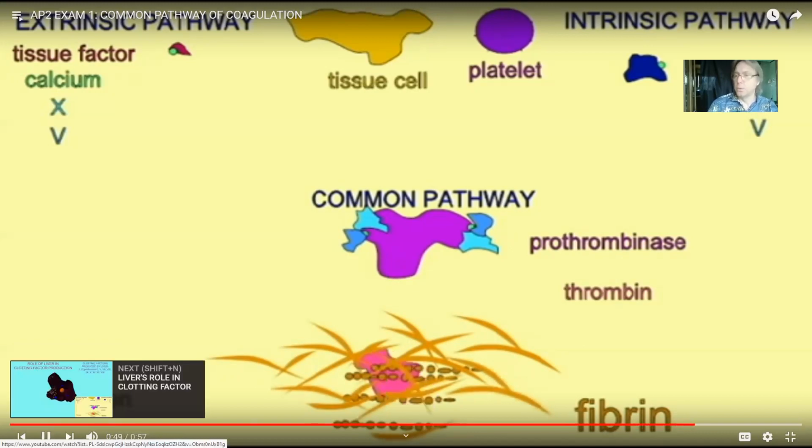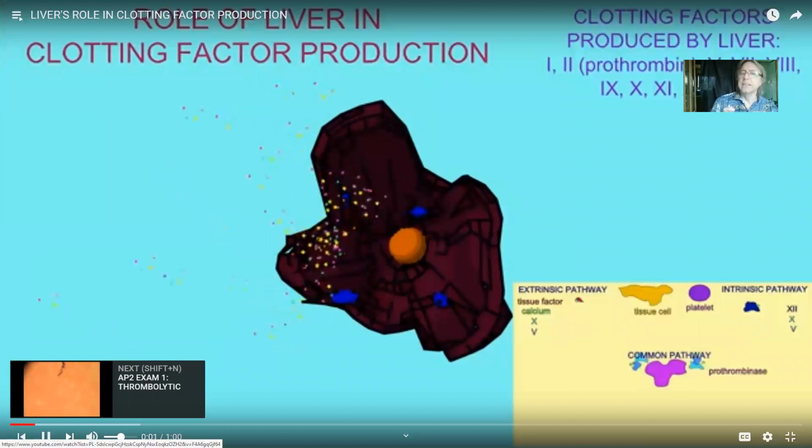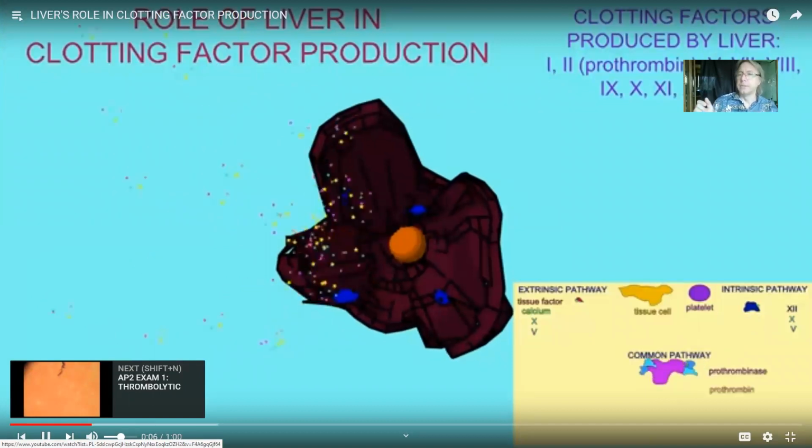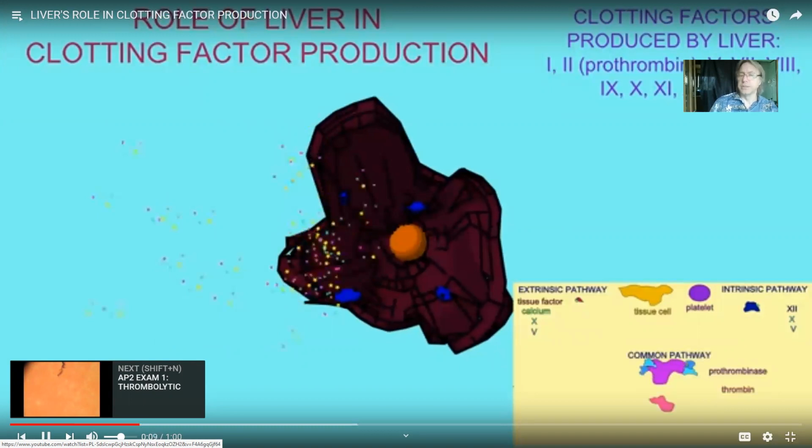So the world is a tough place, and therefore you're prepared for it. You're prepared to bleed because you have little pieces of what will make up the clot floating in your blood all the time. And then under the right conditions, thrombin will unite these little molecules of fibrinogen into long chains known as fibrin.